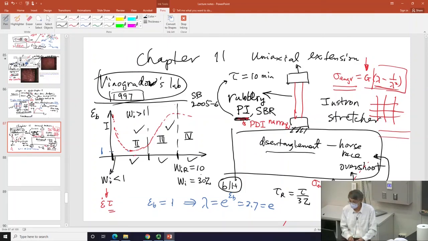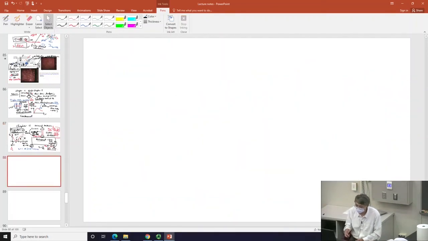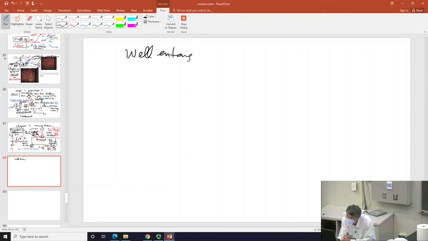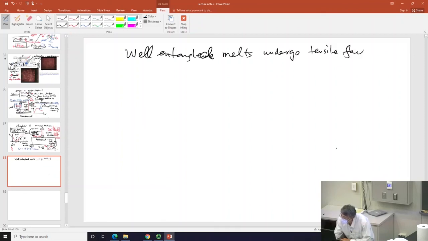So, in short, in conclusion, well-entangled melts undergo tensile failure, if I choose just a general word.